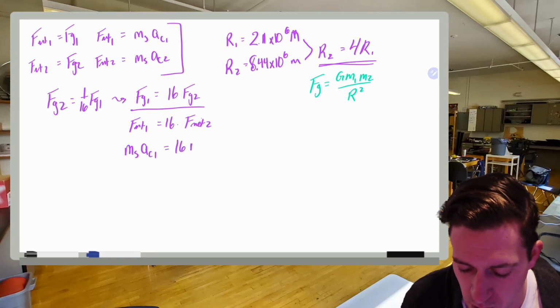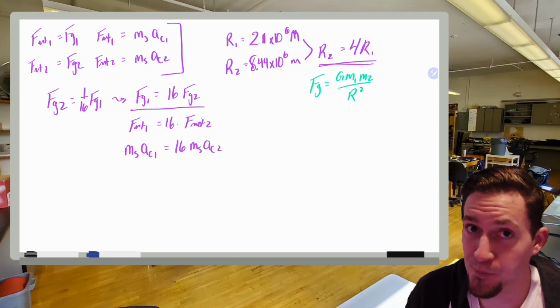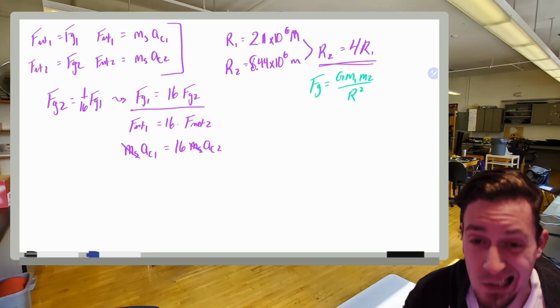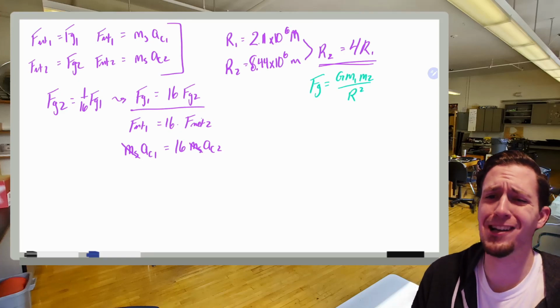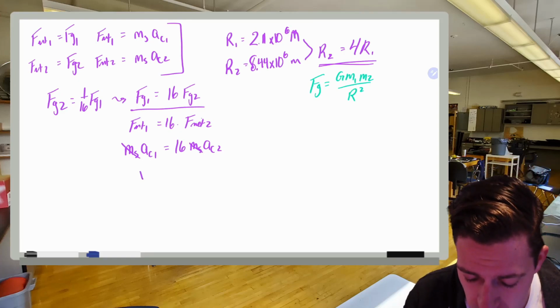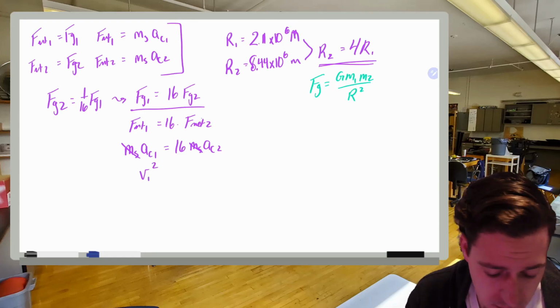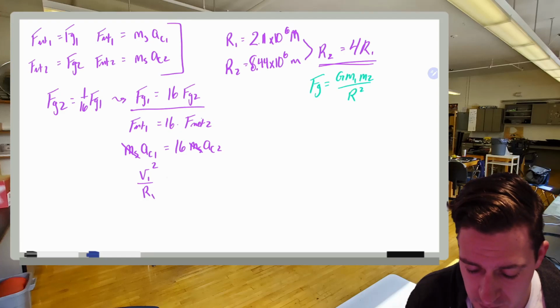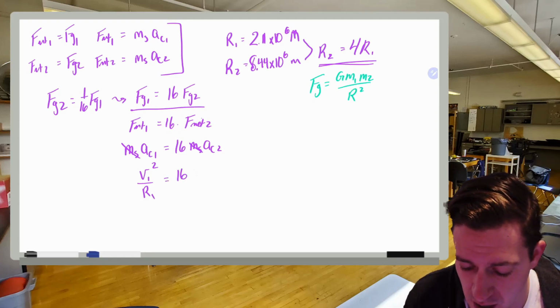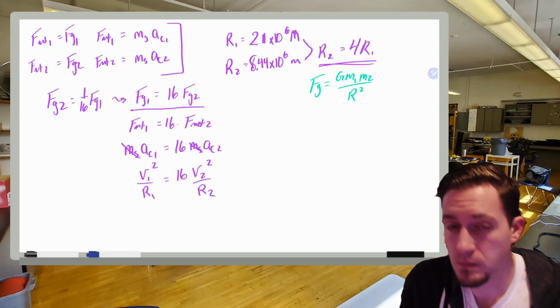F net 2 would be the mass of the satellite, AC2. Satellite, your mass is gone. So I got V1 squared divided by R1 equal to 16 times V2 squared over R2.